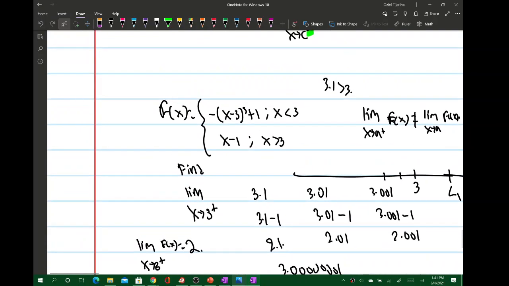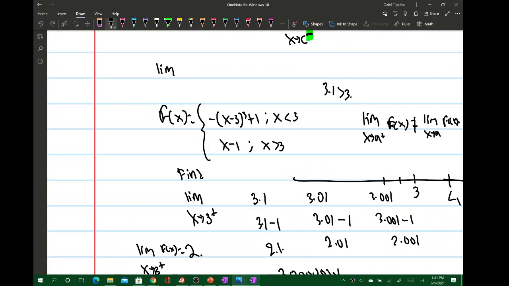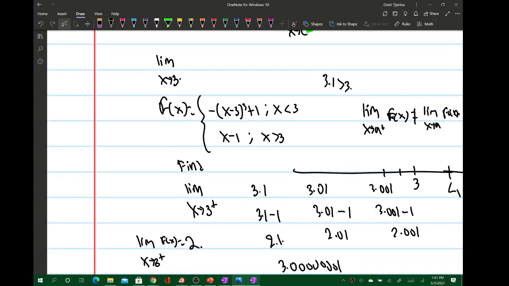Now, let's say that it told me to find the limit as x approaches 3 of this function. Well, what am I going to do? I know that for x less than 3, I have something like this. It's a negative cubic function.